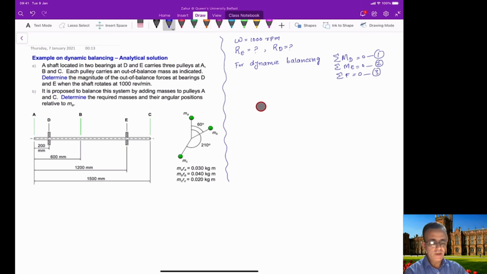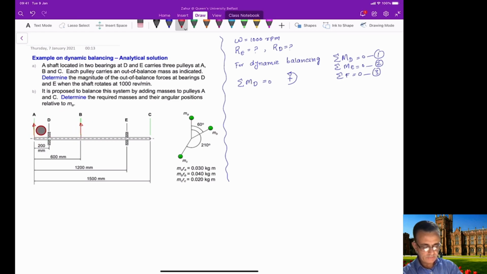Now if we take the moment from D as we did in the previous case, using the condition that the summation of all the moments at D equals 0, and if we take this direction as positive, then if we have a force here and another force here, this positive force creates a clockwise moment, and this positive force creates a counterclockwise moment.